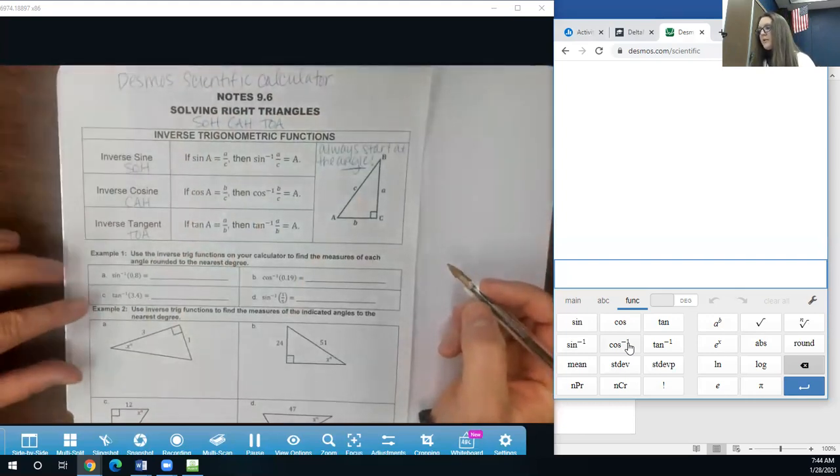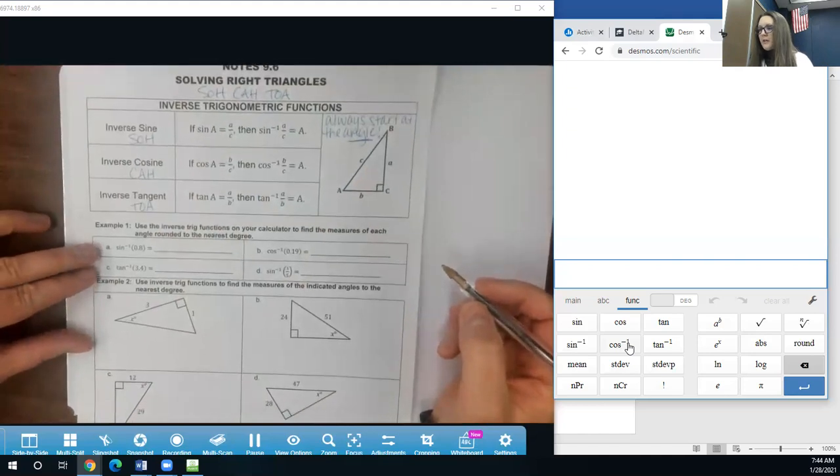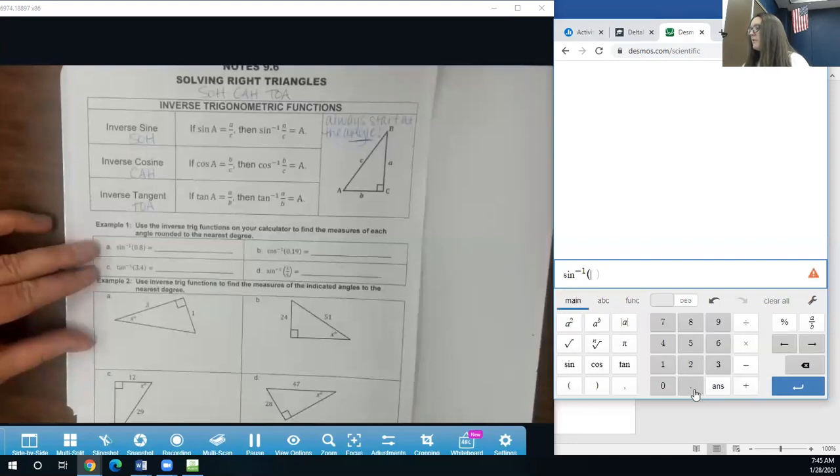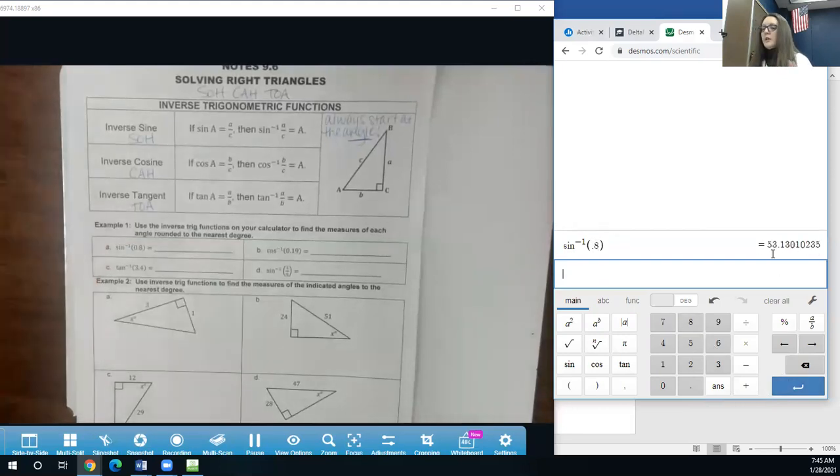All right, so these down here, in example number 1, we're just plugging those into our calculator. So we're just going to practice using our inverse sine, cosine, and tangent. So if I plug in inverse sine of 0.8, we should get 53.1. So think, we're looking for an angle.